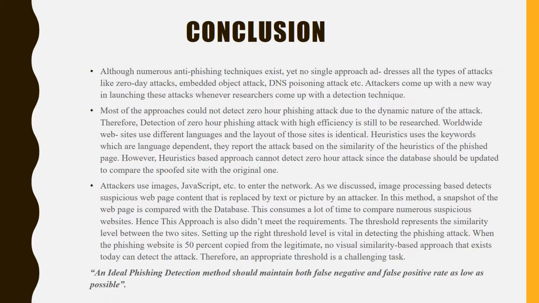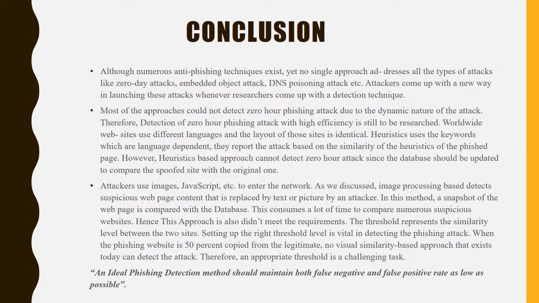So to conclude the whole thing, an ideal phishing detection method should maintain both false negative and false positive rate as low as possible. And in my proposal, I'm trying to address the most important attacks: zero-day attacks, an embedded object attack, and DNS poisoning attack.